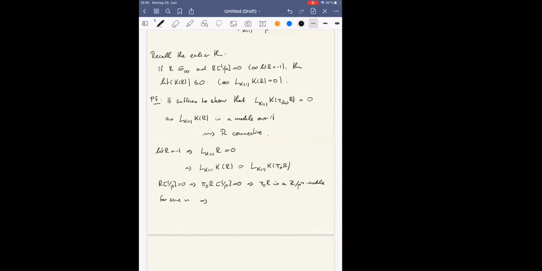So from this it follows that the K1 local K-theory of pi 0 of R is a module over the K1 local K-theory of Z mod P to the n, which I argued above is 0. So this completes the proof.